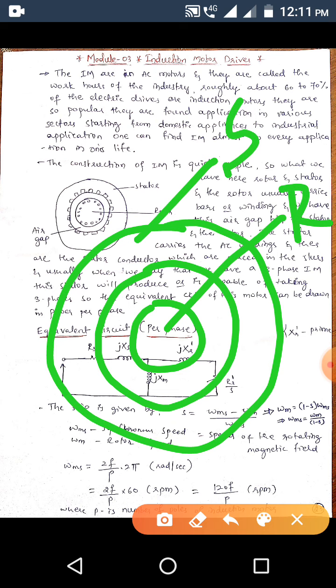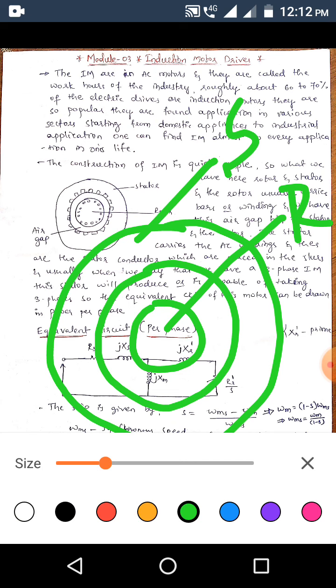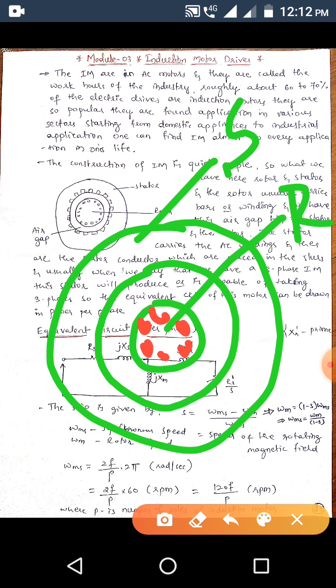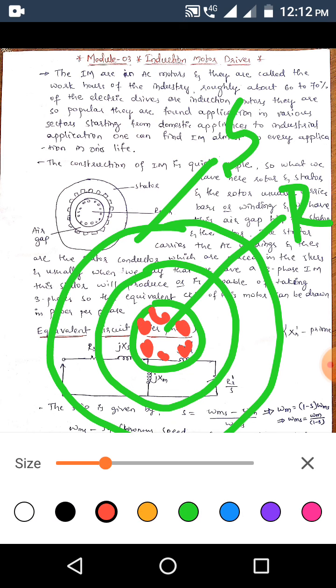So this rotor usually carries the bars or windings, and we have this air gap between the stator and the rotor here.